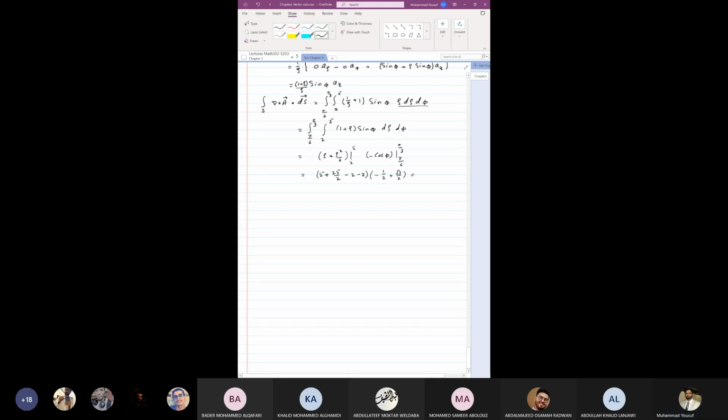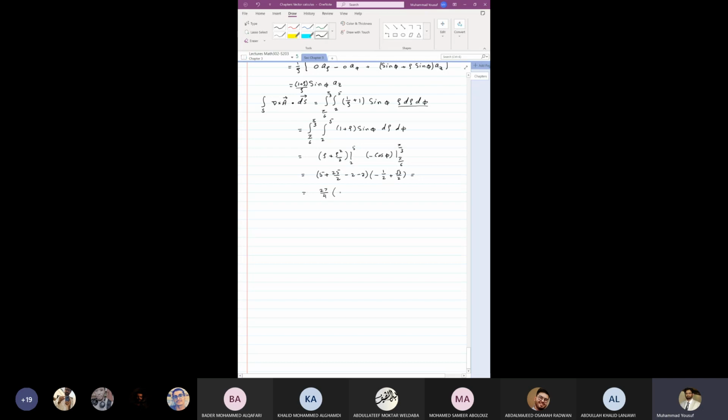And when we do this, we have 5 minus 4, 1, 2 plus, so it is 27 over 2, and then 2 from the denominator in the other part, so it is 4.